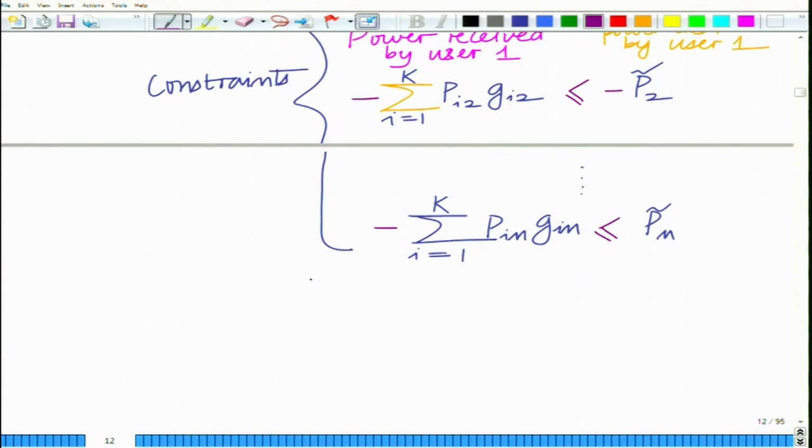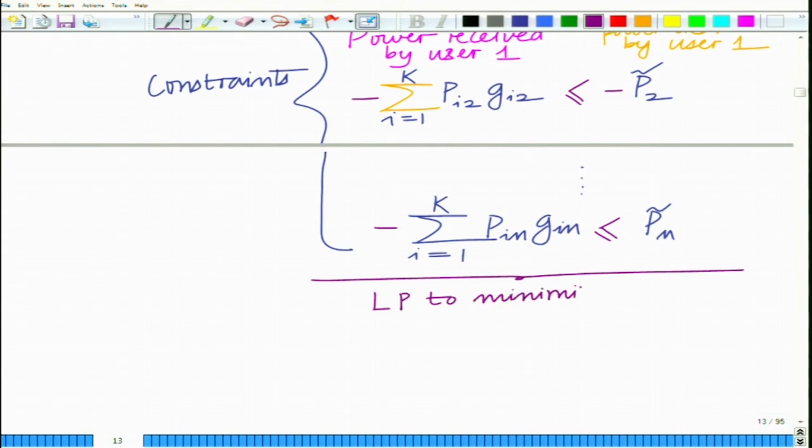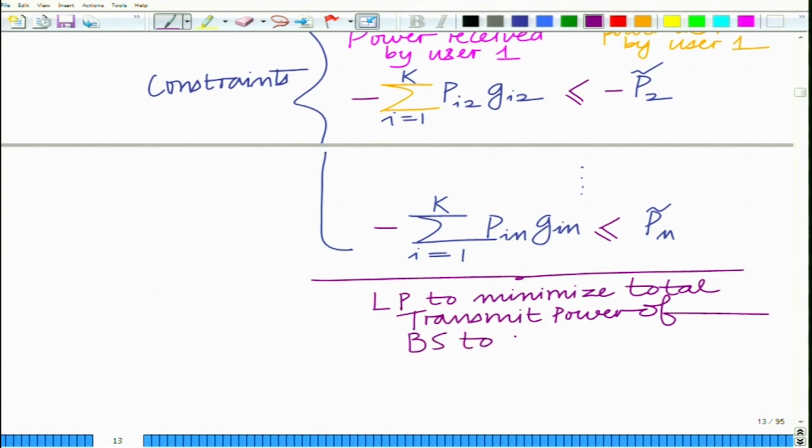So, this is your LP to simply minimize total transmit power of base stations to all the users. Okay.